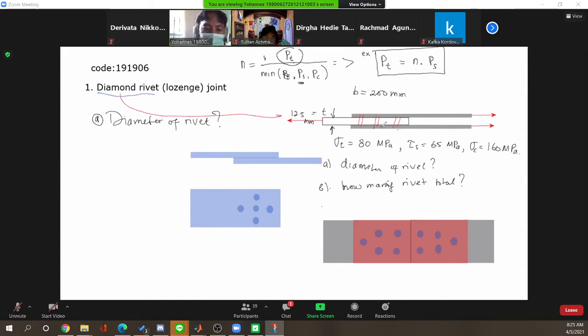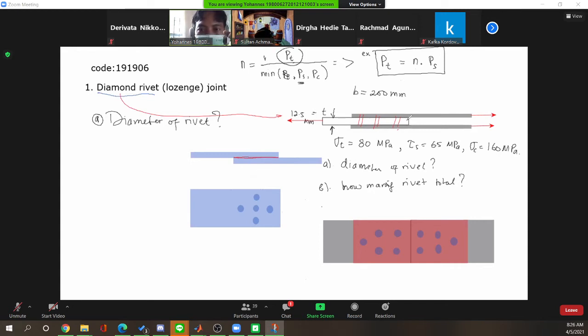So that's a good question from Sultan. This geometry has an effect on the total number of rivets. What we calculate is the total number of rivets on the overlap area. For a single lap like this, we just have a single overlap, so 5 rivets are put on this overlap area.